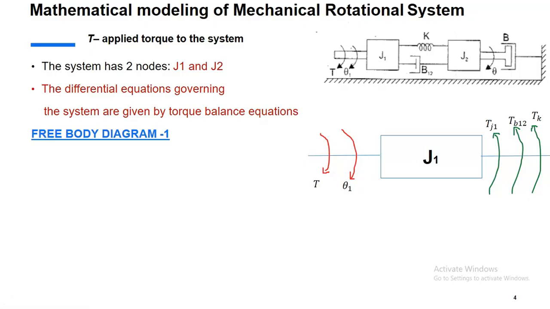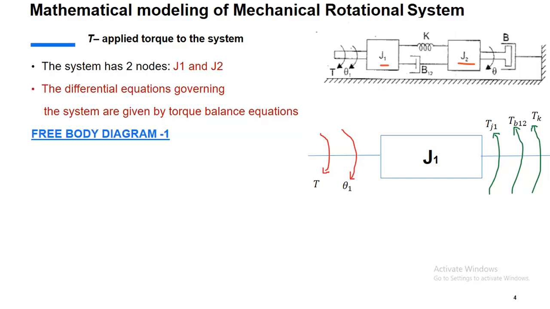For this system, we have two nodes, one at J1 and another at J2. So we have to draw the free body diagram at J1 and J2. For the mechanical rotational system, we are applying torque as an input.